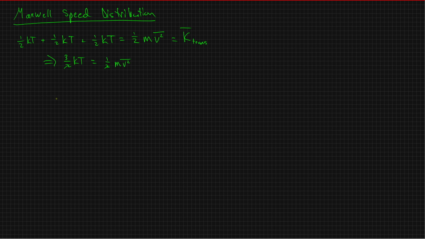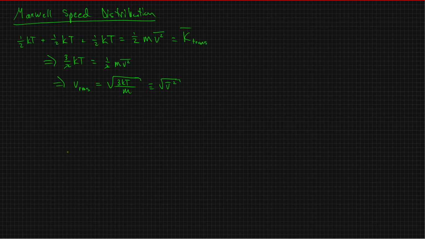Cancel out the 2's, and this allows for a definition of what we call the root mean square speed. That is just the square root of 3kT all over m. It's called root mean square because it's the squared speed, the mean of it, and we're taking the square root of that expression. So this is just defined as the square root of v bar squared.